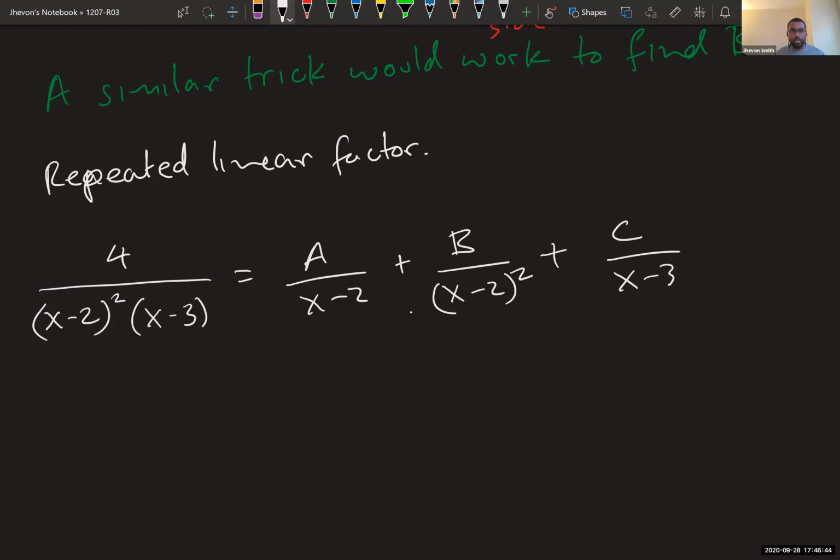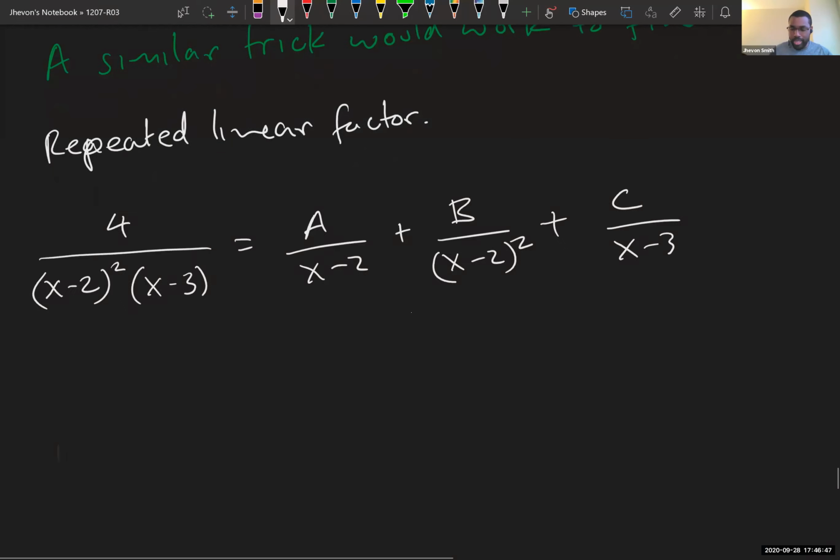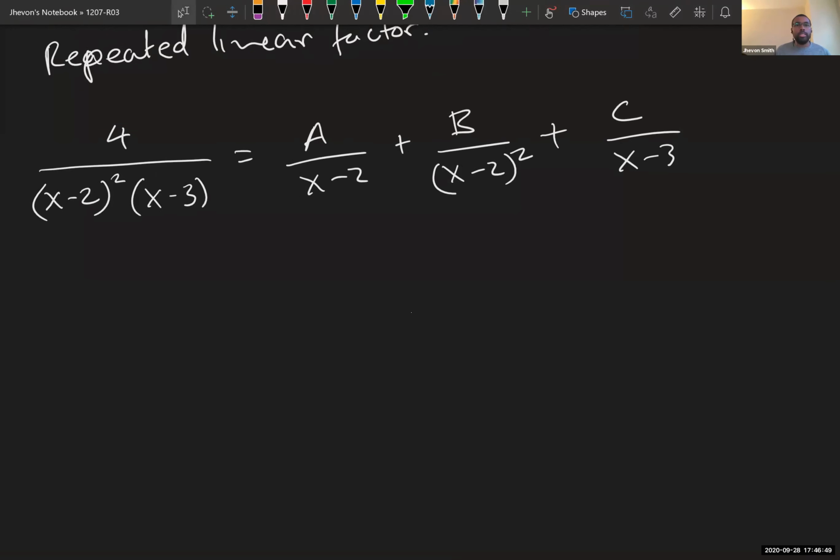I probably should have asked you guys to break that down, but I will have examples later. And what would happen now is, let's say I wanted to find the numerators of the guys with the x minus 2s. It's not good enough to multiply through by one of the x minus 2s, because then if I have an x minus 2 left over on the left, I can't plug in what makes that 0 because I would divide by 0. I have no choice but to multiply by the highest power, the x minus 2 squared.